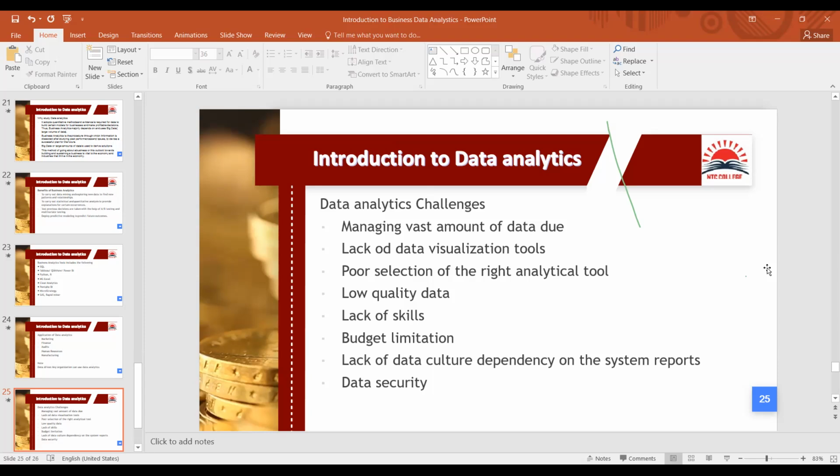adopting data analytics. And one of the key factors is managing vast amounts of data. Companies have quite a lot of data, especially those who have digitized or those who are using ERPs. You find that you might have information for the last 20 years.